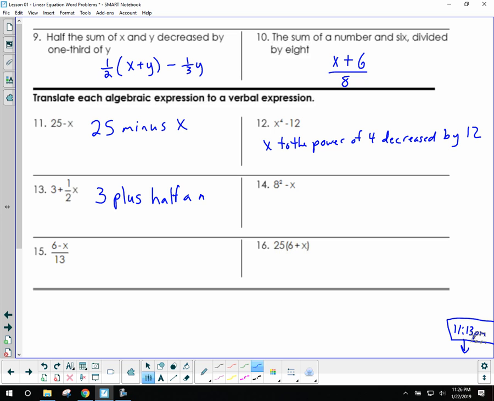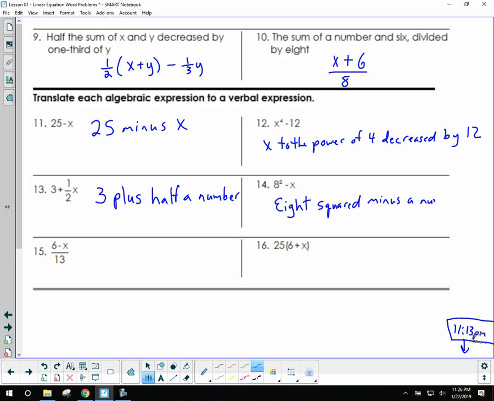We have 8 squared minus a number. We'll do that. 8 squared minus a number. 15.